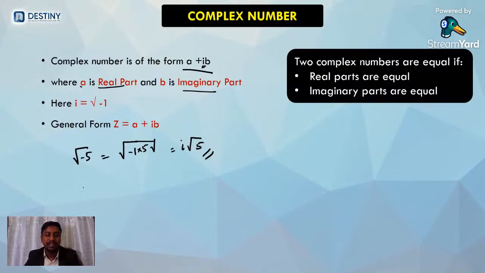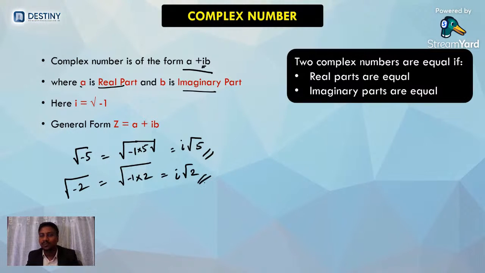If I take root of minus 2, it can be written as minus 1 into 2, that is i root 2. So generally we represent a complex number as z equal to a plus ib, where a is the real part and b is the imaginary part. Fine.